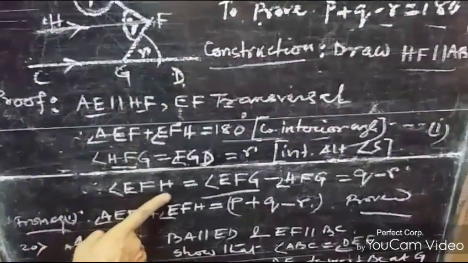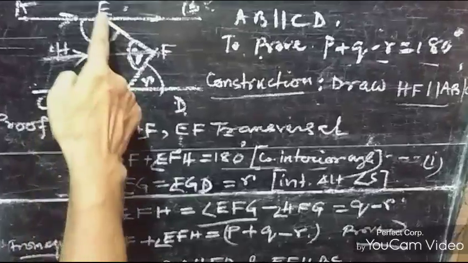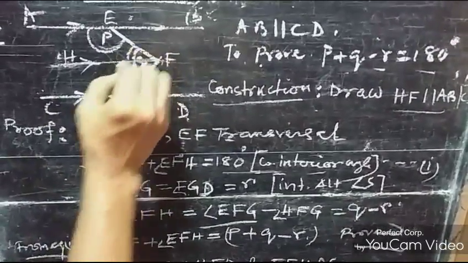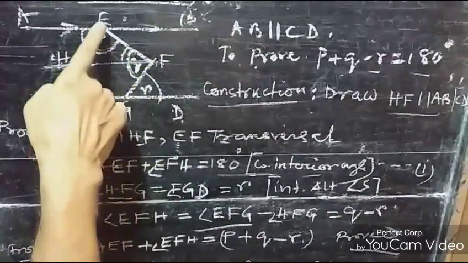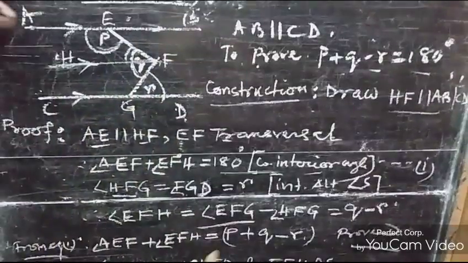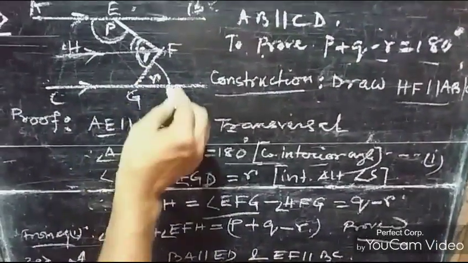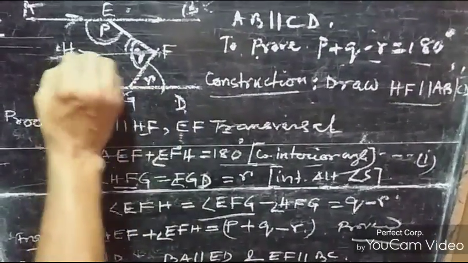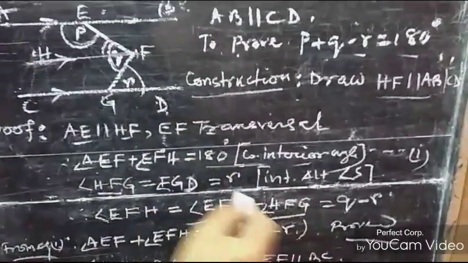Now see, angle EFH is equal to the bigger angle EFG minus the small angle HFG.